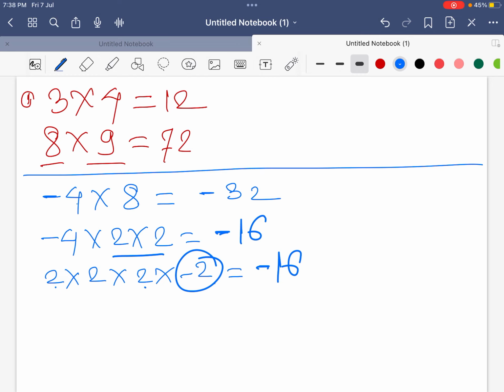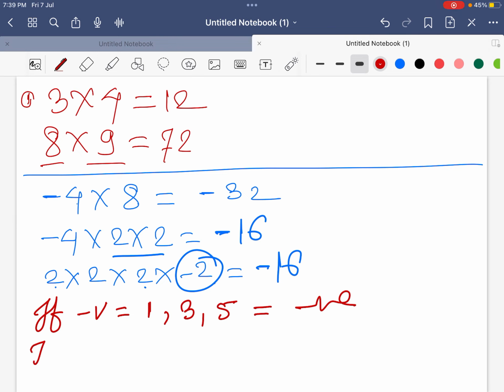So likewise we have to solve this type of answers, and we have to keep in mind, if the number of negative signs is odd, like 1, 3, 5, then your answer is always negative.